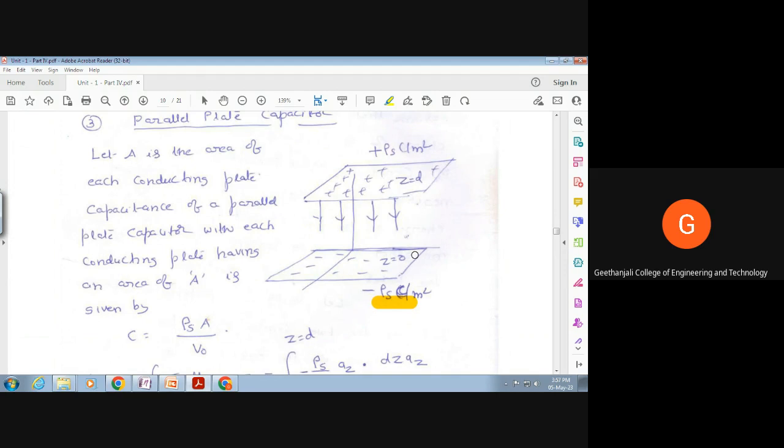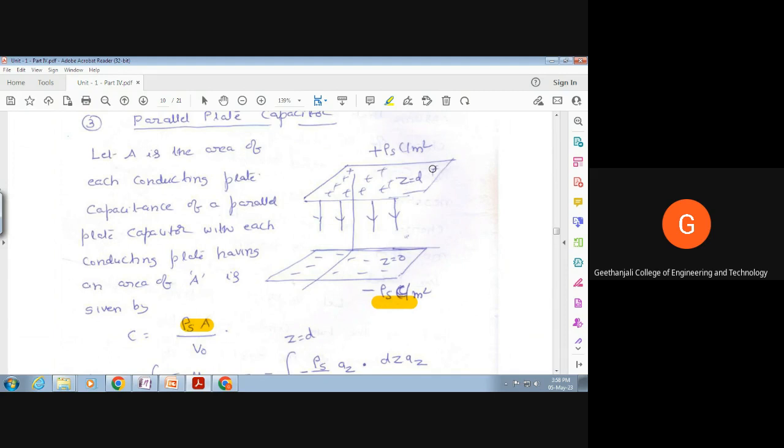So now the capacitance of a parallel plate capacitor, with A as the area of each conducting plate, is given by rho S into A by V naught. What is the amount of charge present on each plate, which has an area of A?